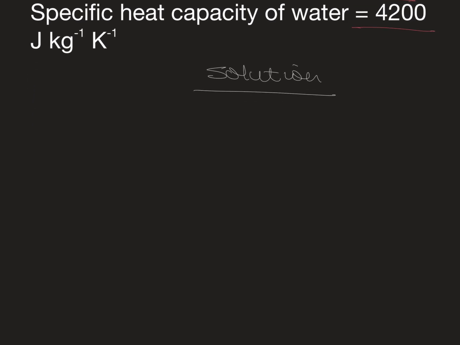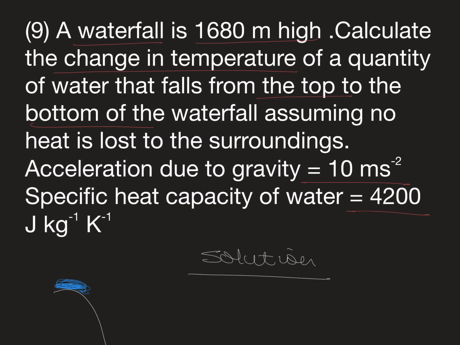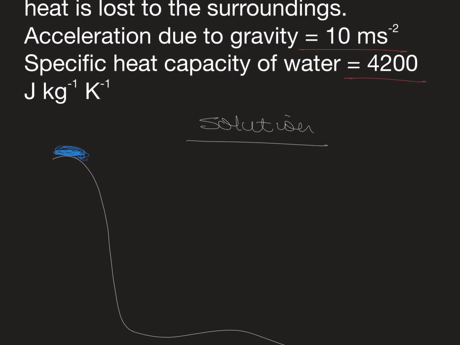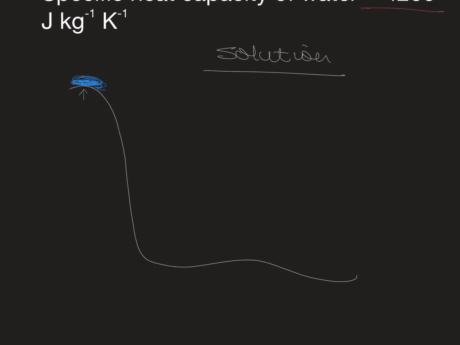So, solution, we have a waterfall, okay? At this point, which is the top, we have some quantity of water that is at a height of 1,680 meters. So we have a distance of 1,680 meters.